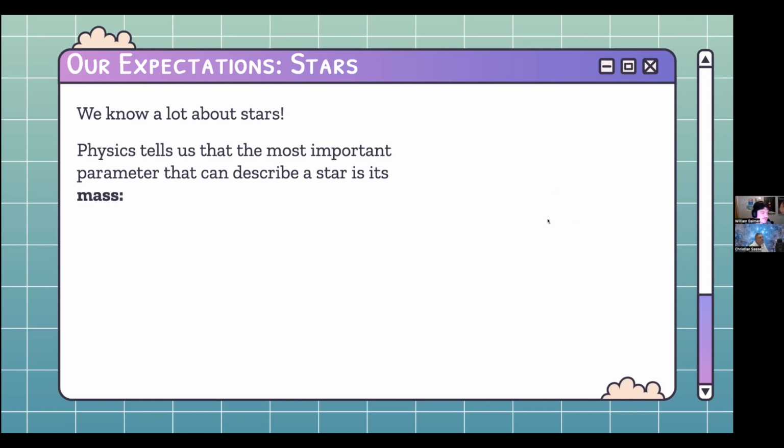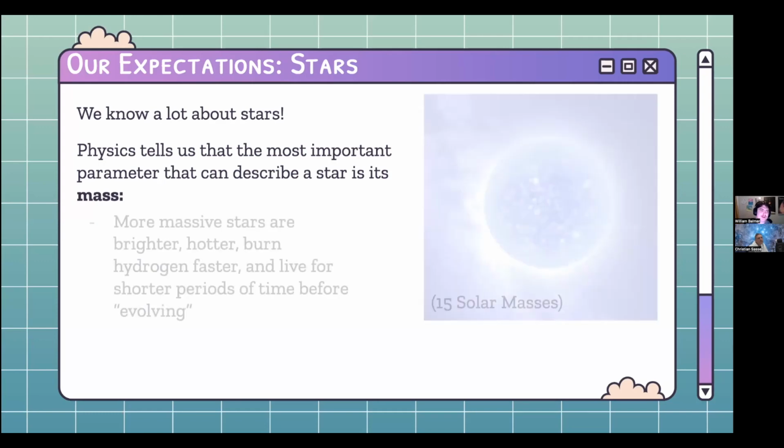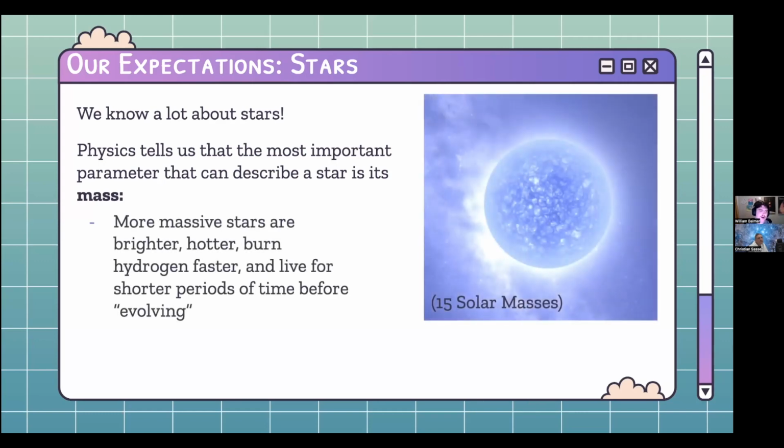And some back of the envelope physics can tell you that the most important parameter that you can use to describe a star is its mass. This is because stars are governed by gravity, right? They're so massive that any other effect that you can describe is less important than just the sheer weight of inwards force crushing them together. So more massive stars are brighter and hotter, and they burn hydrogen faster.